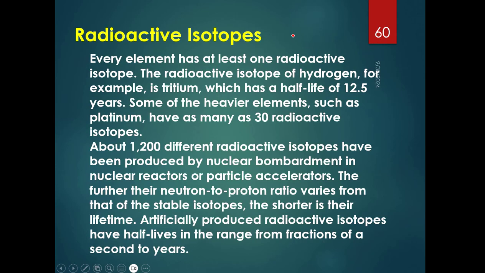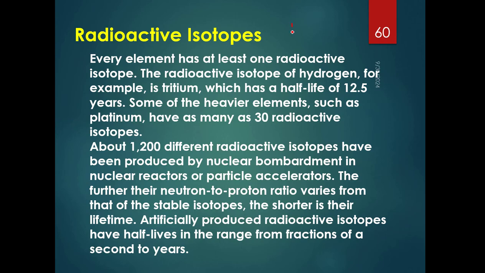Okay. So now we are talking about radioactive isotopes. Every element will have at least one radioactive isotope. For example, hydrogen has a radioactive isotope, which is tritium. The tritium has one proton because it's hydrogen, obviously.